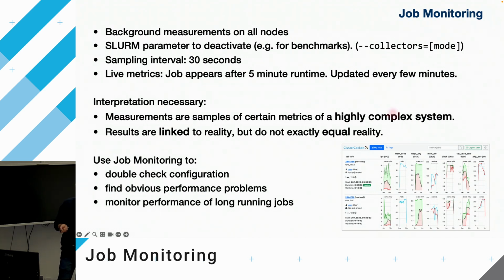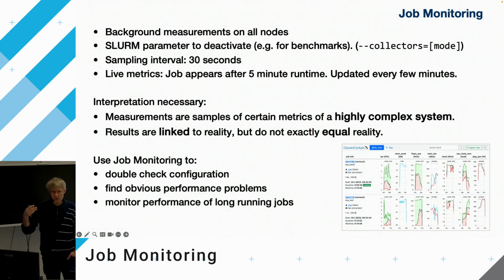Now this is nice. You see some nice plots, but you have to keep in mind that these are measurements, samples of some metrics on a highly complex system. So we always need to think about what these plots and numbers mean. They are linked to reality, so something happens in reality, and then also something happens in the metrics, but they are not exactly equal to reality.